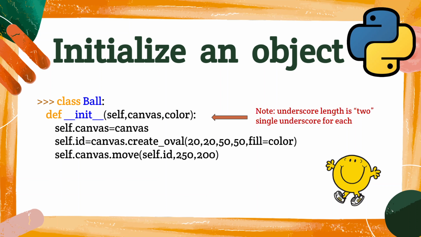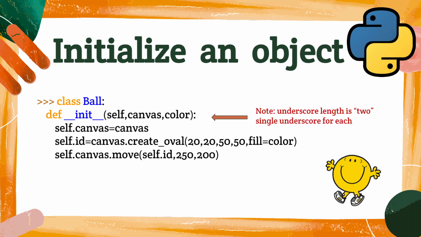For Python, the initialization function still requires a def in the header before the init function name, which is underscore init and then another underscore. Note, the underscore length is not a single underscore for each. It is 2 single underscores for each.